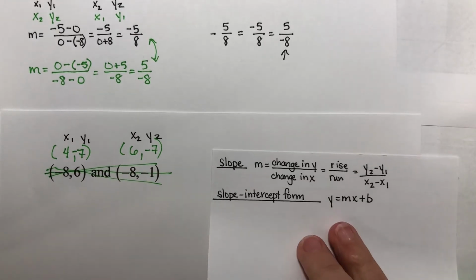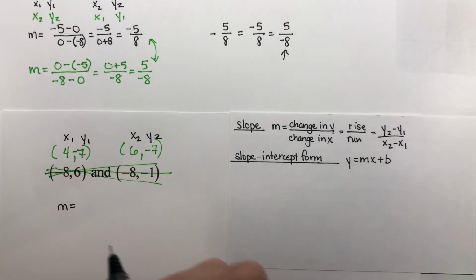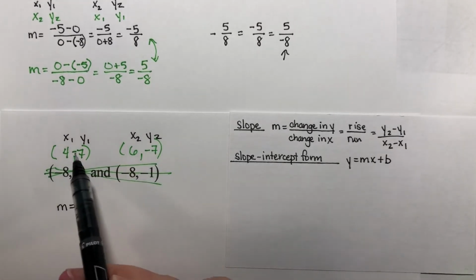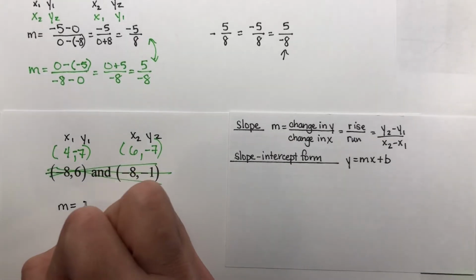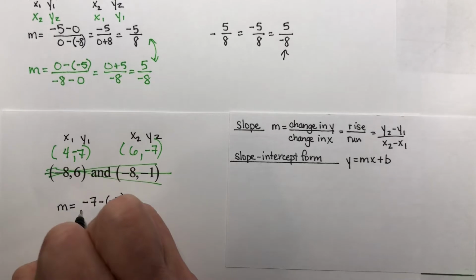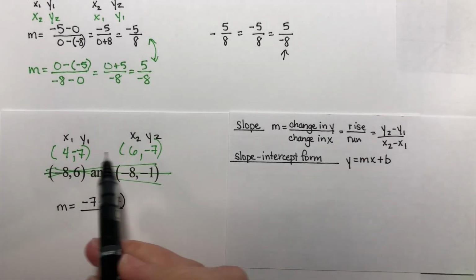Using the same formula we have been using, my slope is equal to y2 minus y1, -7 minus -7, divided by x2 minus x1, 6 minus 4.